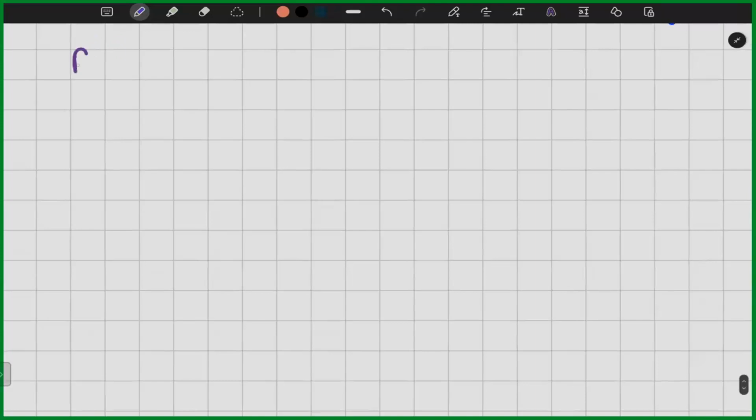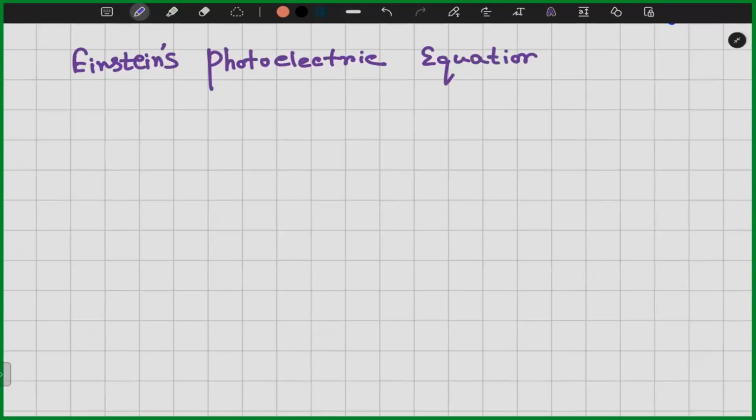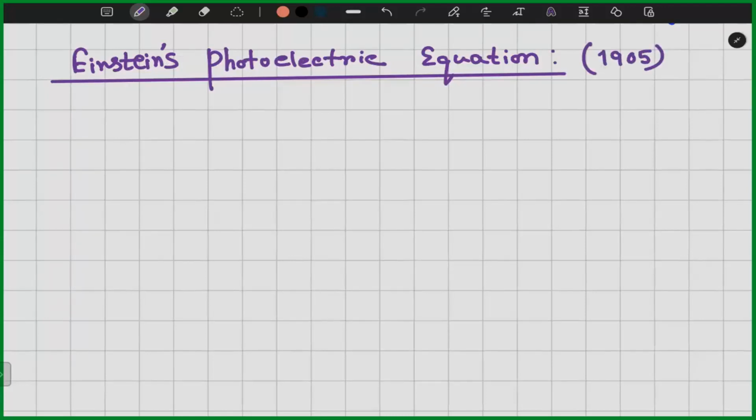Now Einstein tried to give some explanation. So now we'll study Einstein's photoelectric equation. Einstein gave this in 1905.